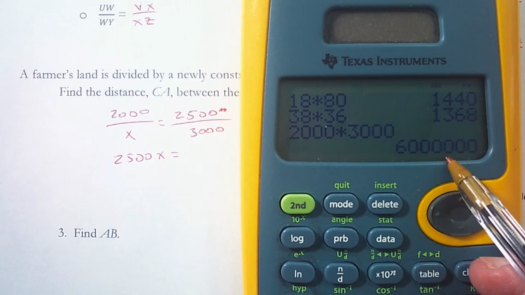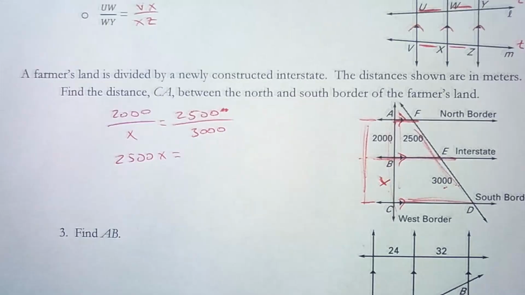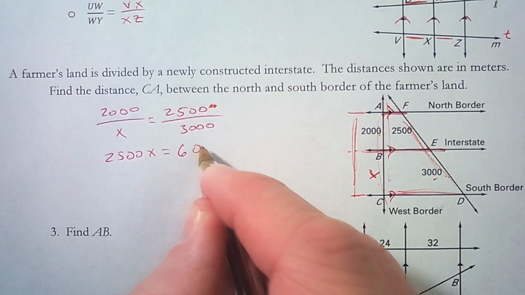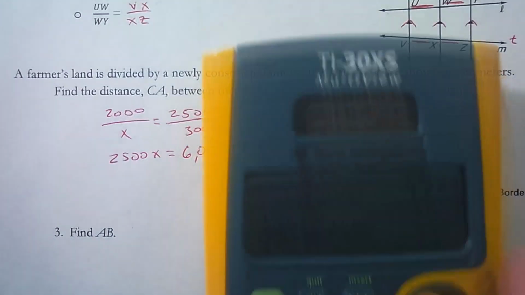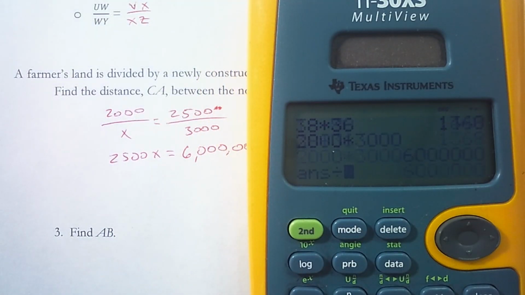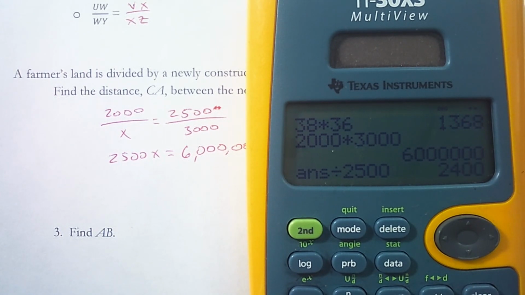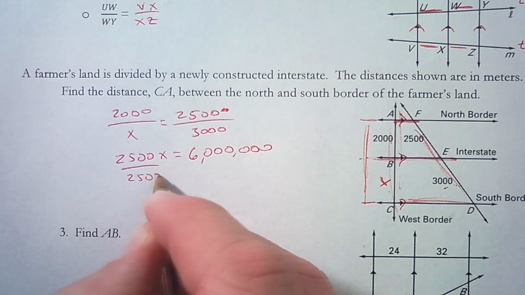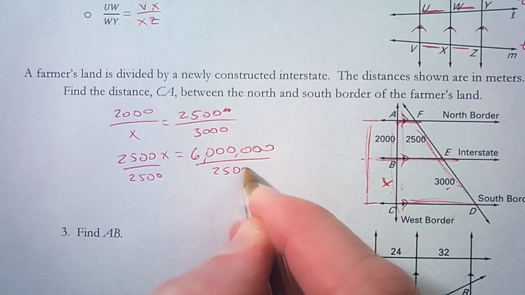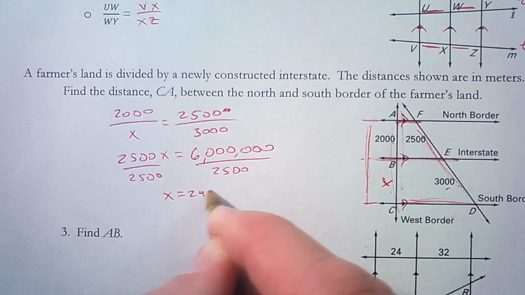That is 6 million, and we will divide that by 2500. We get X is 2400.